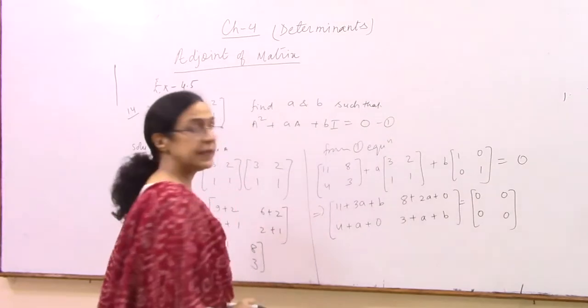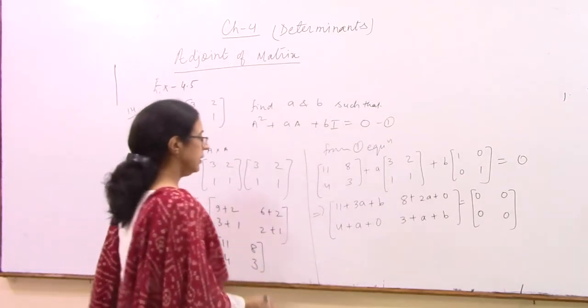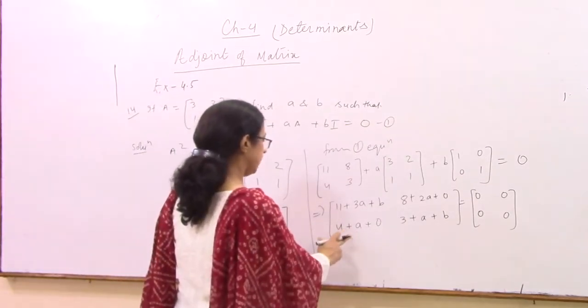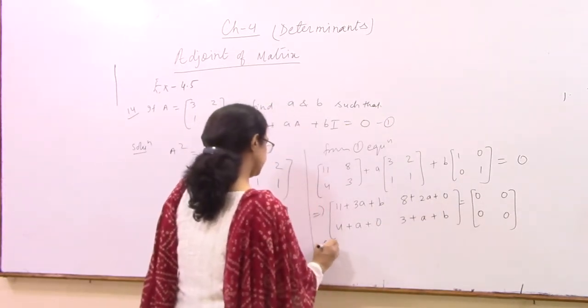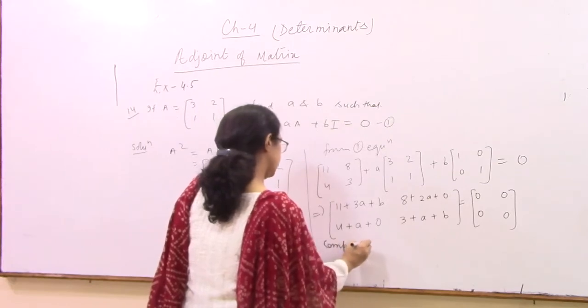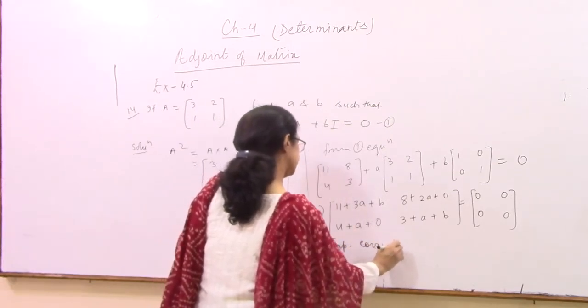Now comparing these two matrices, first comparing this element 4 plus a with 0, comparing corresponding elements.